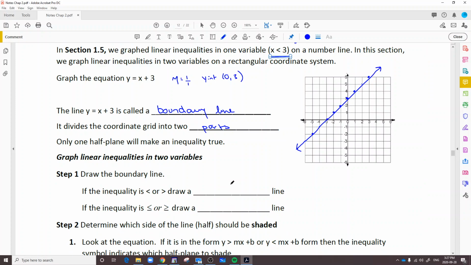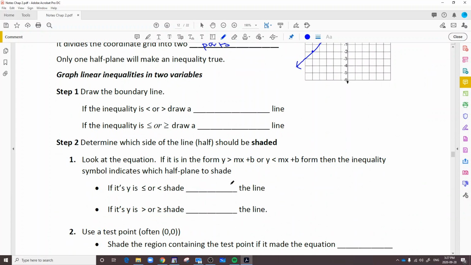So here's your steps for graphing a linear inequality or solving a linear inequality. Step 1 is drawing your boundary line. But we need another part to this. Your boundary line either will or will not make your equation true. If you had less than or greater than, your equation can't be equal to.